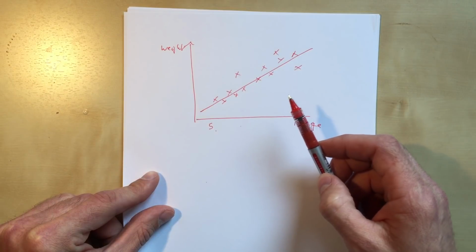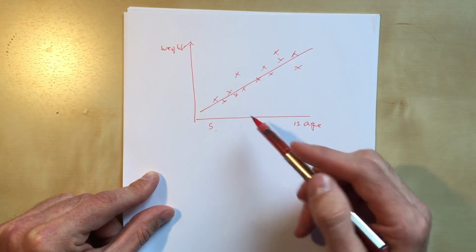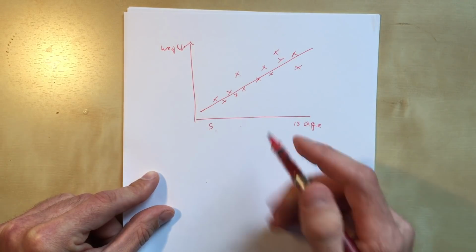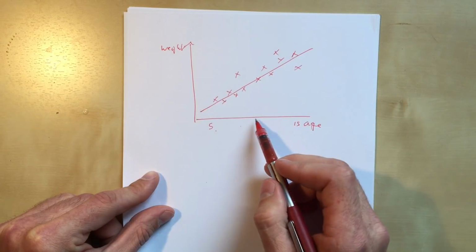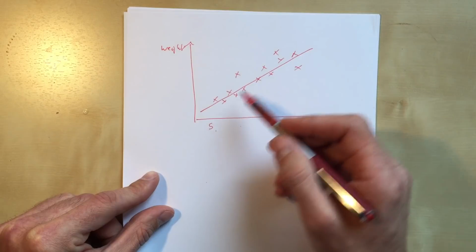Obviously, some people are very short, some people are very tall, so some people would be outliers on this graph. But overall, your weight at any age would be close to the line of best fit somewhere.